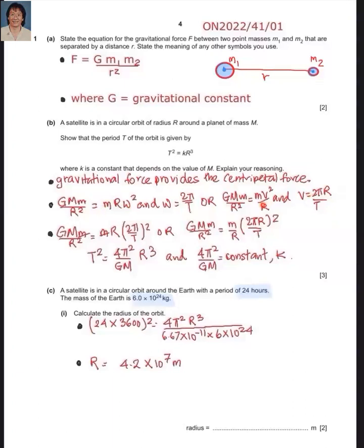You'll get T squared equals 4 pi squared over GM times r cubed. 4 pi squared over GM is a constant represented by k. Therefore, your T squared equals k times r cubed.